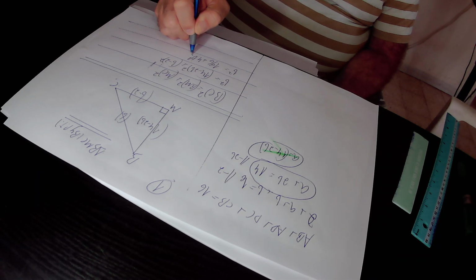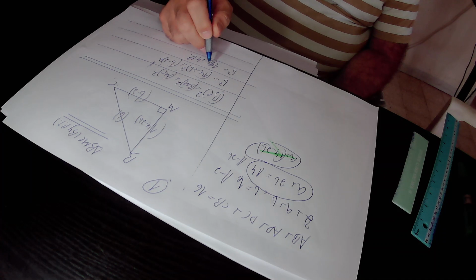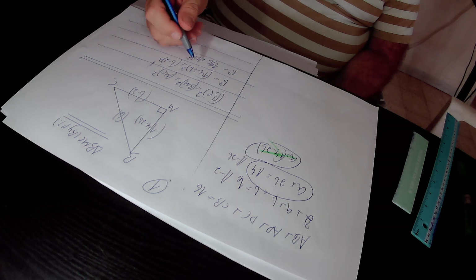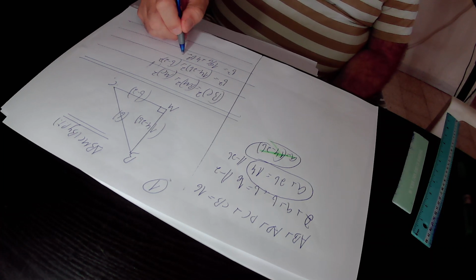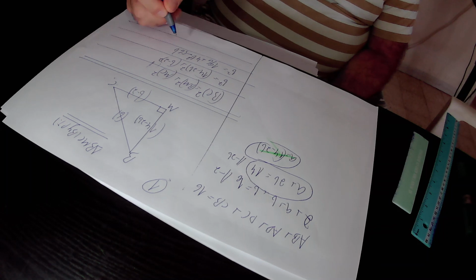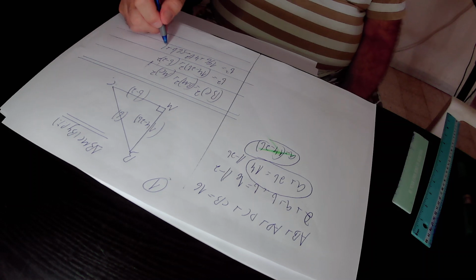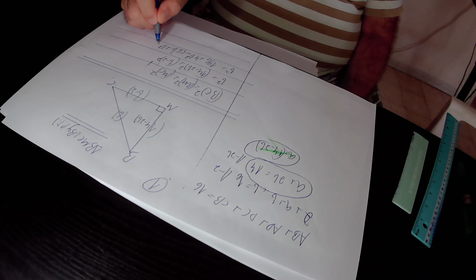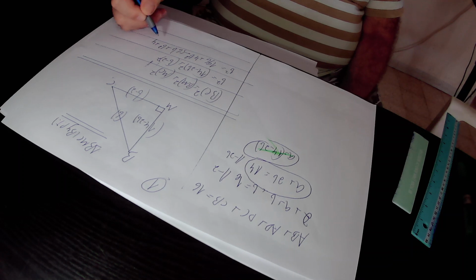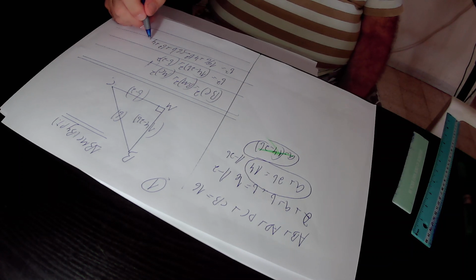Minus 2 times 14 times 2b: 2 times 14 is 28, and 28 times 2b is 56b, so minus 56b. And we also add b minus 2 squared. b minus 2 squared equals b squared plus 2 squared, that is 4, minus 2 times b times 2, that is minus 4b.